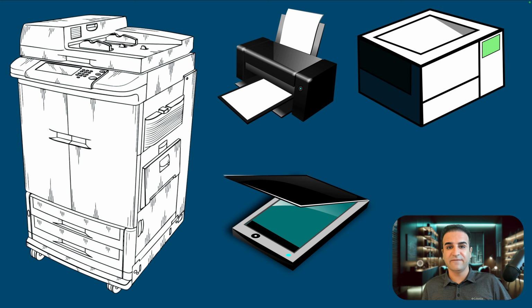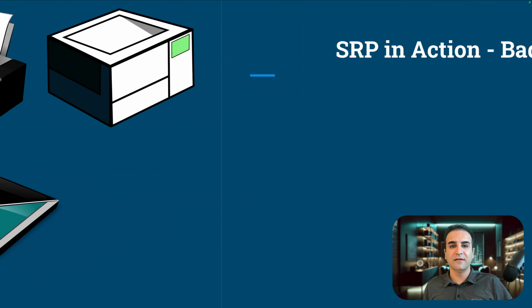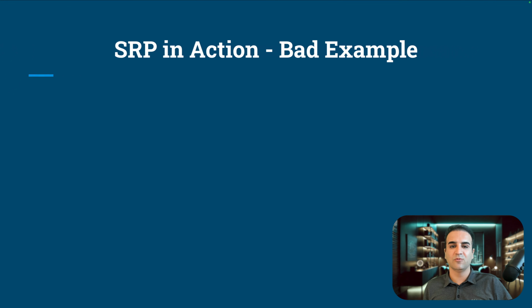If one device fails, the others continue working, plus it's easier to repair or upgrade a single device without disrupting the others. This is the essence of SRP, keeping responsibilities separate so that your code is easier to manage, debug, and scale. Let's move to an example in code to see how this principle works.